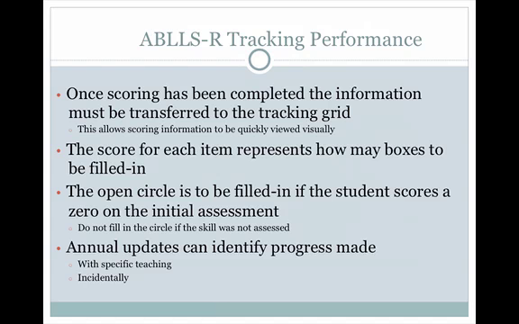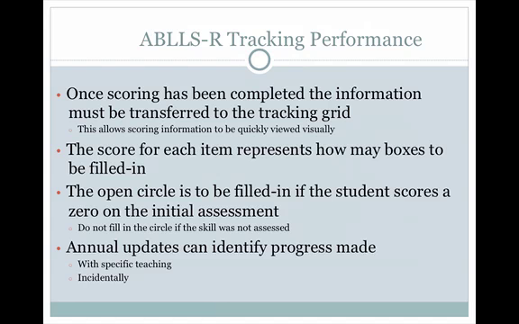Once the scoring's been completed, the information is transferred to a tracking grid. The score for each item represents how many boxes are to be filled in. The open circle is to be filled in if a student scores a 0 on the initial assessment, and annual updates identify progress that's made.